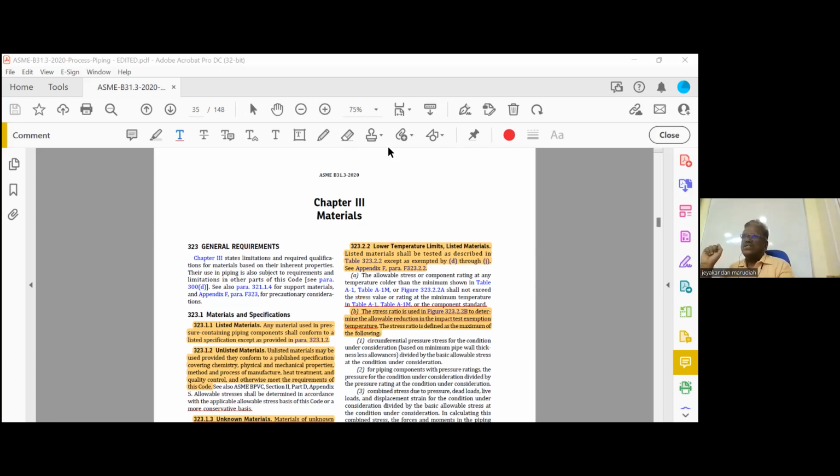There is one term called transition temperature. Do you know what transition temperature is? It is the temperature at which the material changes from ductile to brittle. Above this temperature, the material will be ductile. Brittle materials are not preferred, because when you apply pressure or sudden load, they will break. Some materials have a fixed temperature, for example minus 50, given in appendix A1.